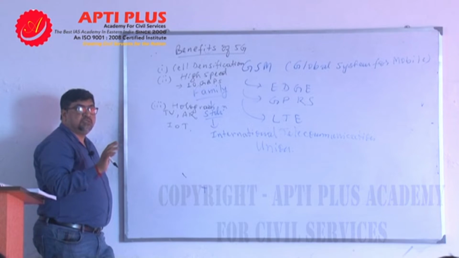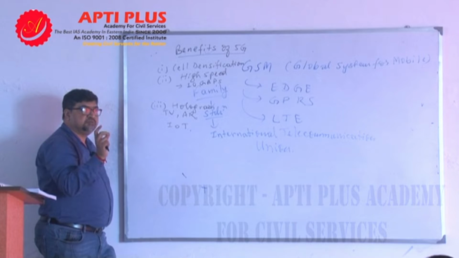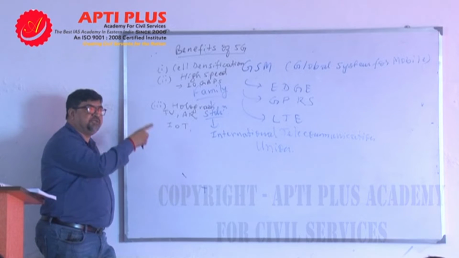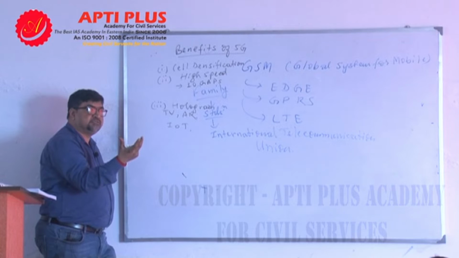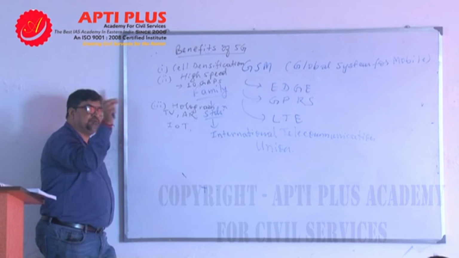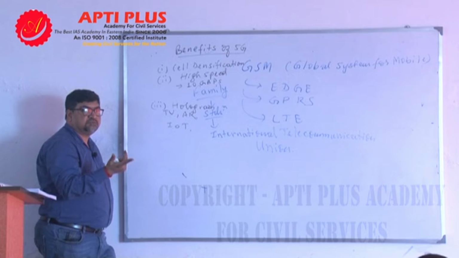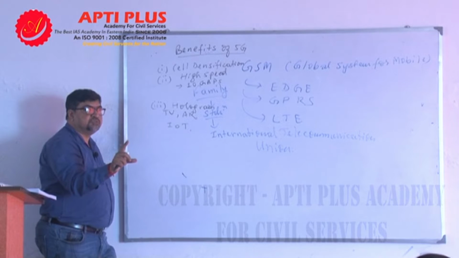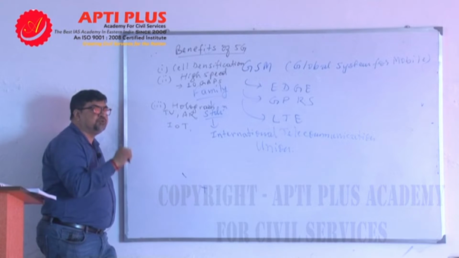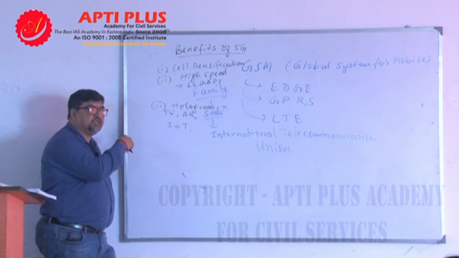What is IoT? Physical devices like laptop, mobile, TV, refrigerator, any kind of physical devices, with the help of embedded sensors, can connect with each other through the internet and can take decisions on their own, smart decisions. So today's mobile phone, 4G based technology, doesn't have IoT, but fifth generation will support IoT.